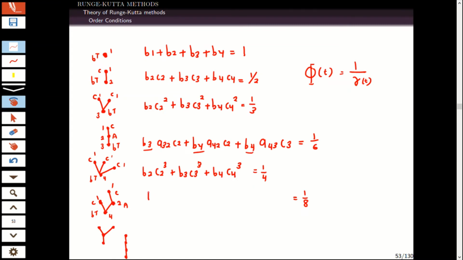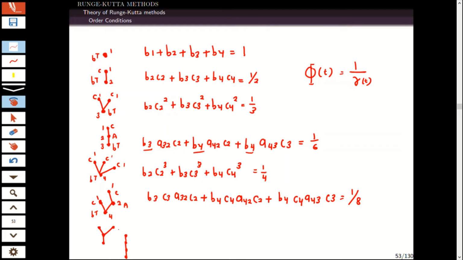So I have b3 c3 a32 c2 plus b4 c4 a42 c2 plus, it's getting longer so I better erase this, plus b4 c4 a43 c3 equals 1 over 8.